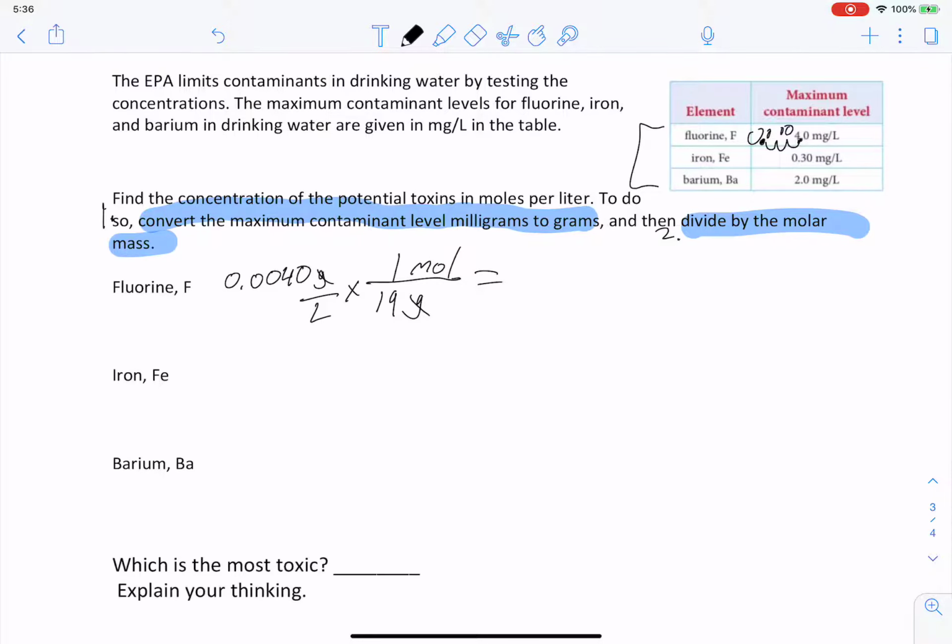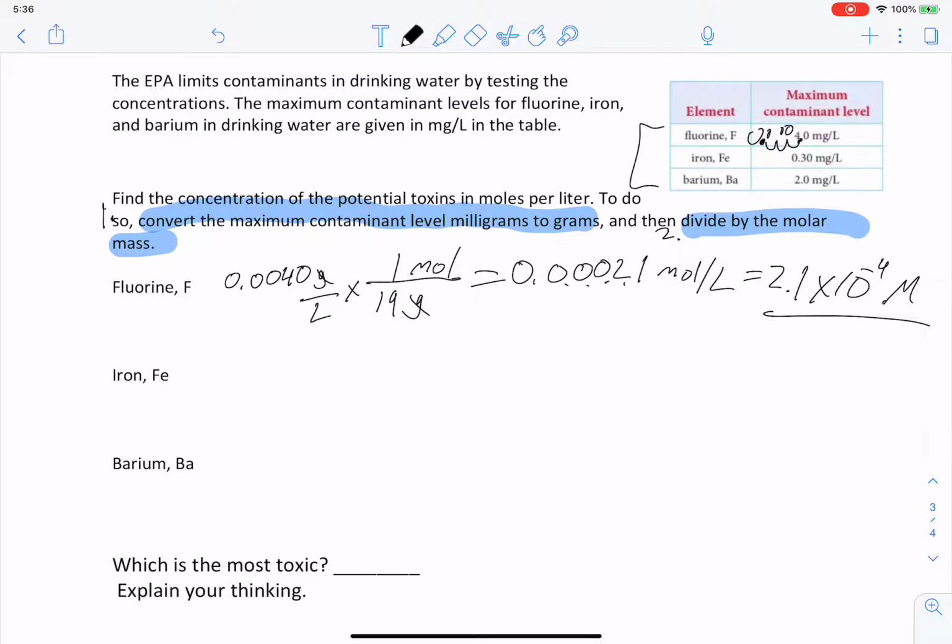And so 0.004 divided by 19 is 0.0021 moles per liter. Okay, and we can actually rewrite this in scientific notation, where we use exponents. So 2.1 times 10 to the negative 4. And that's our molarity for fluorine.